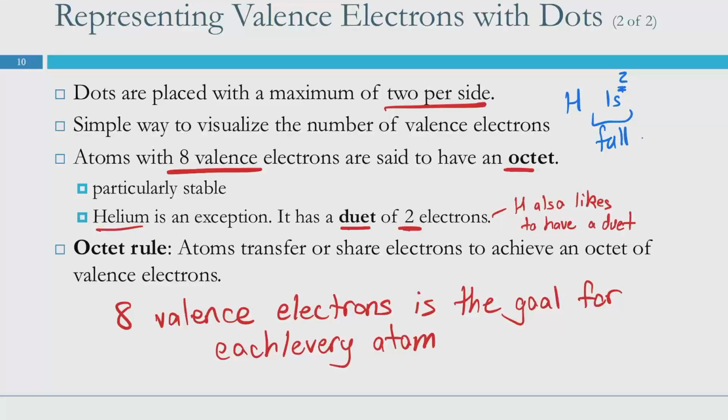And this is a full outer shell. For everything that's bigger than hydrogen and helium and lithium, things like oxygen, oxygen is going to be 1s2, 2s2, 2p4. If it has 8 valence electrons, then it would be 2p6, which would give it a full valence shell.